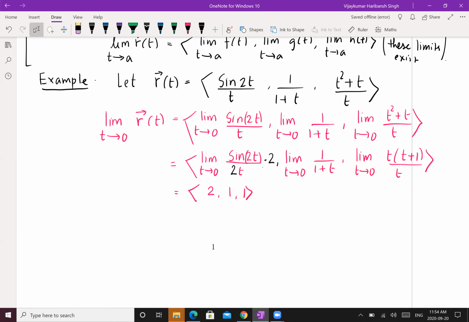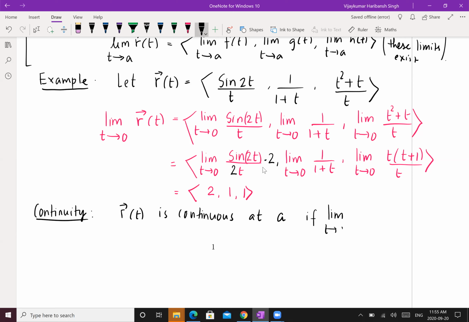Now, what does it mean by continuity? r of t is continuous at a if the limit as t goes to a of r of t equals r of a.